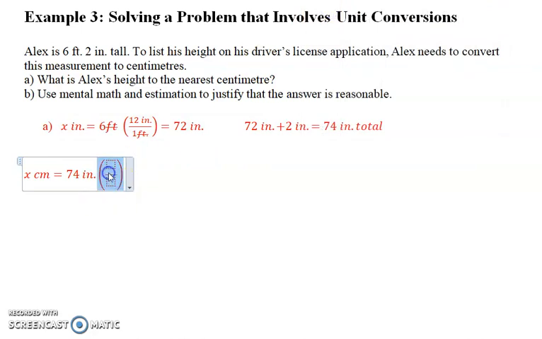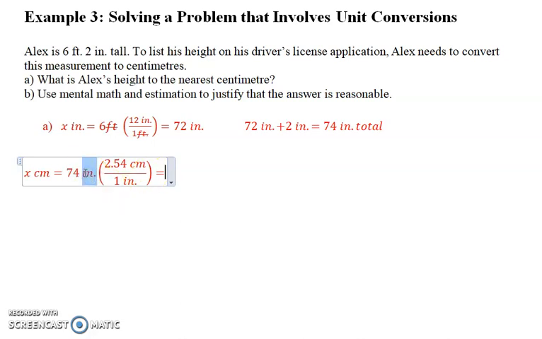And we know that for every 1 inch, that's equal to 2.54 centimeters. This comes from your conversion sheet that you will be given. You do not have to memorize these. You will be given these values.